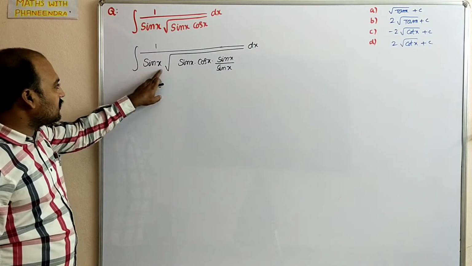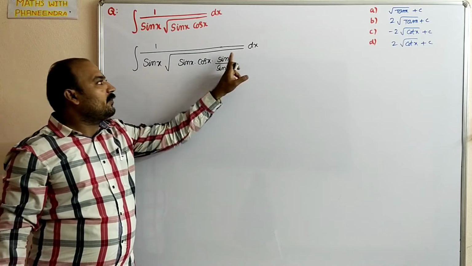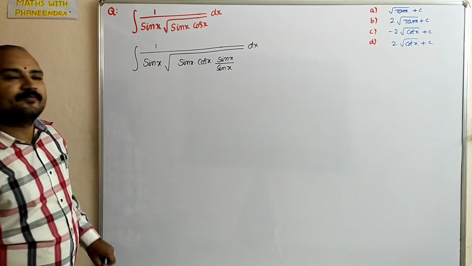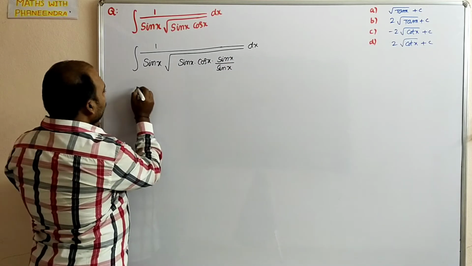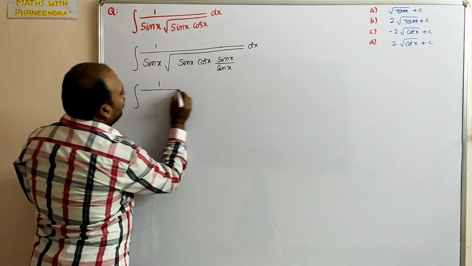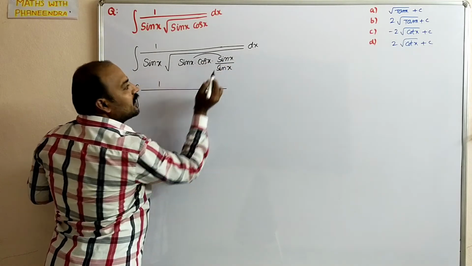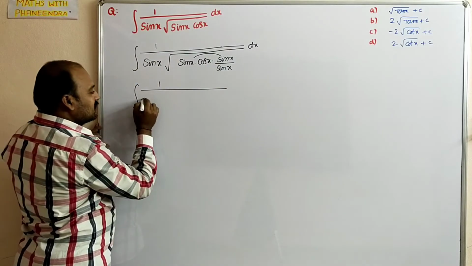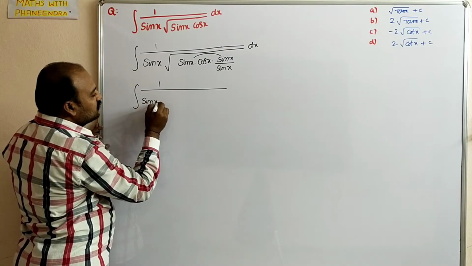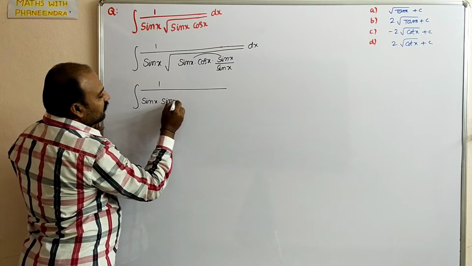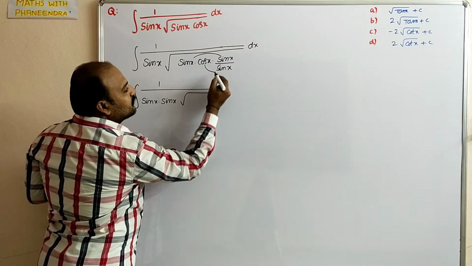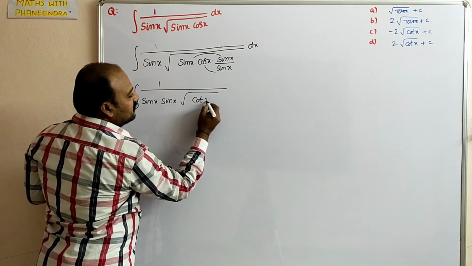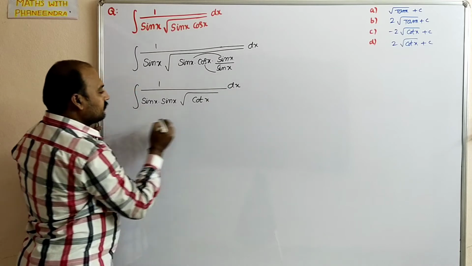Suppose it is cos x here, then multiply and divide by cos x. So now integral 1 by sin x into sin square x, we can take outside of the root, it will become sin x. So sin x into sin x, square root of cos x by sin x is cot x, into dx.